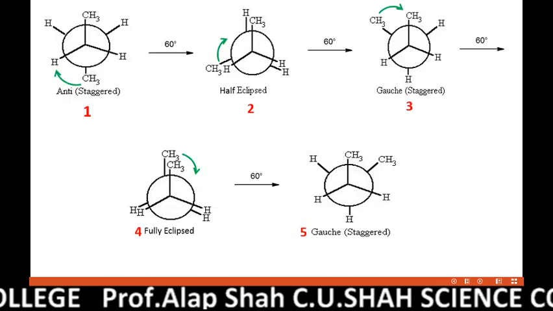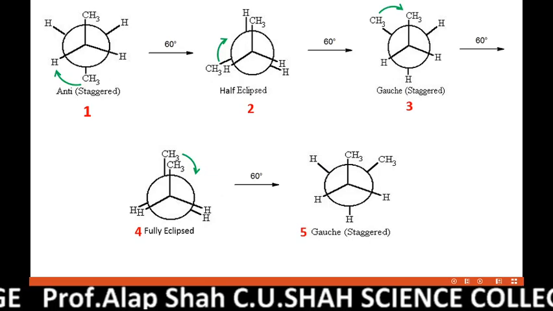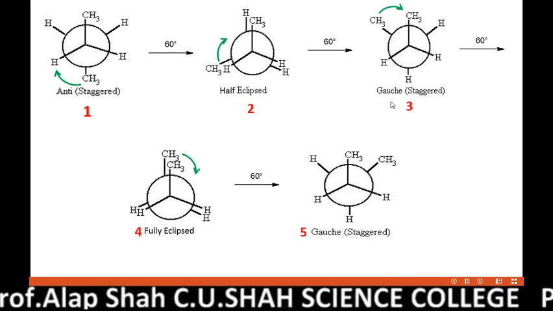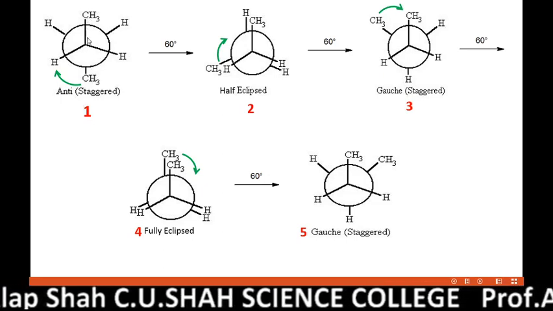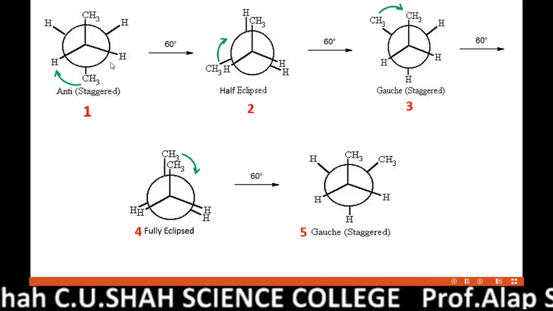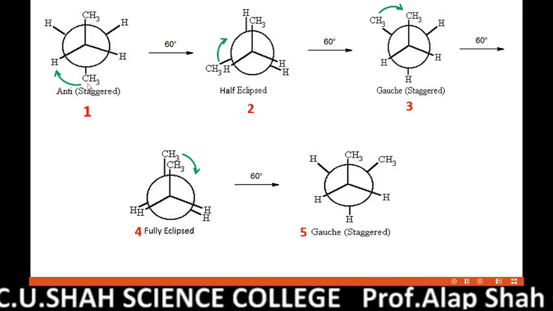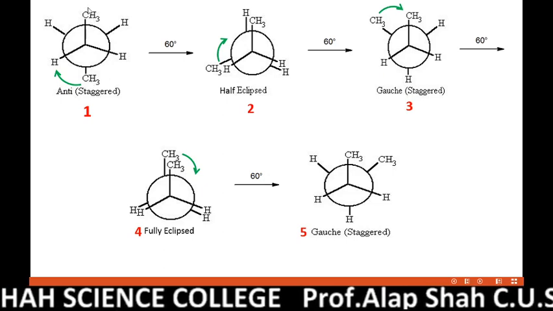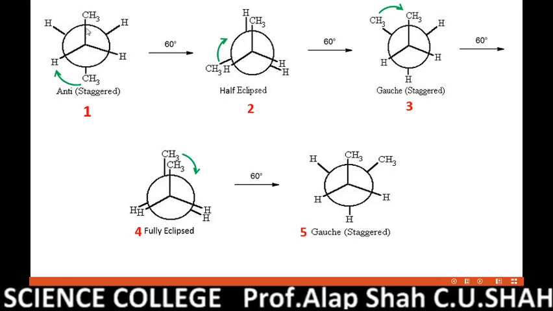Now let us discuss the conformational analysis. You have to discuss these five conformers of butane. The first one is called the anti-conformer, and you can see that all six bonds, three of the front carbon and three of the rear carbon, are in a perfectly staggered position. Moreover, the angle between the two methyl groups is 180 degrees.